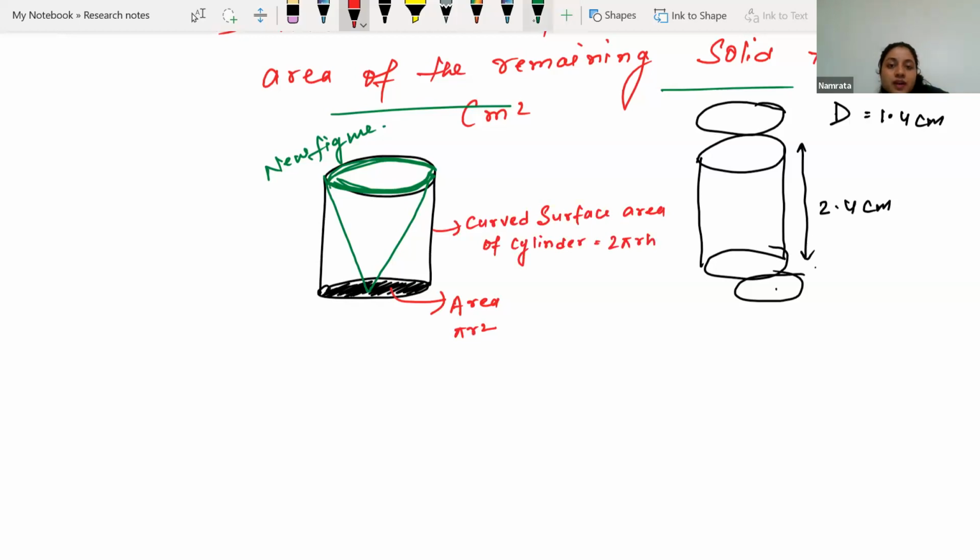And we will also be finding the surface area of this cone, that is pi rl. And we will be adding all of them together to get the total surface area of the remaining solid. Is it getting clear to everyone? Kiran, is it clear?